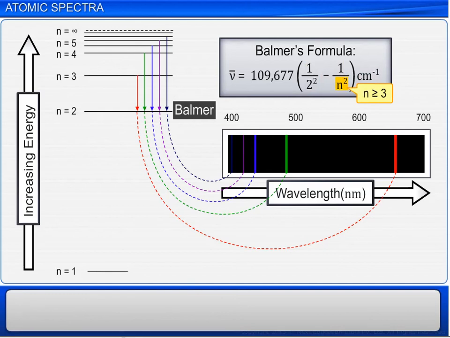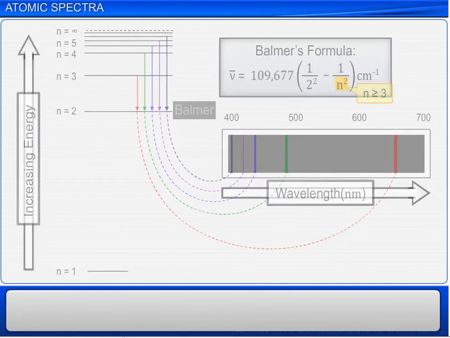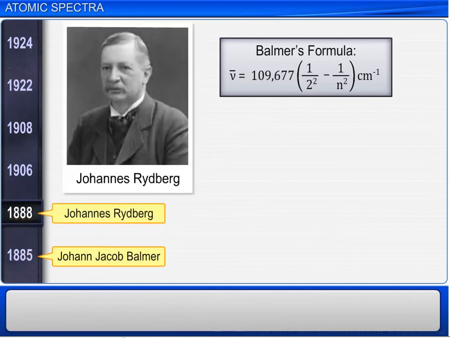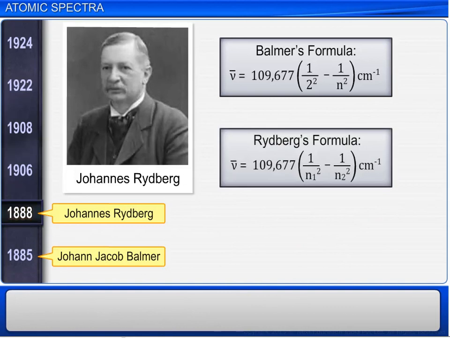Balmer's formula inspired the Swedish spectroscopist Johannes Rydberg to come up with a modified formula to describe all series of lines in the hydrogen spectrum. The equation may be written as: wave number, nu bar, is equal to 109,677 multiplied by (1/n1² minus 1/n2²) per centimeter.